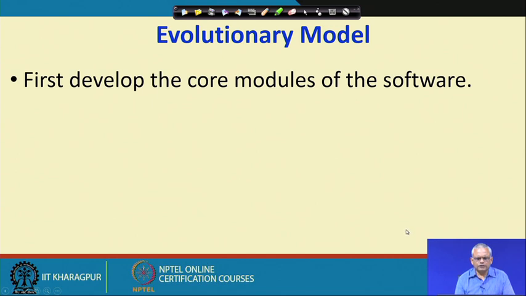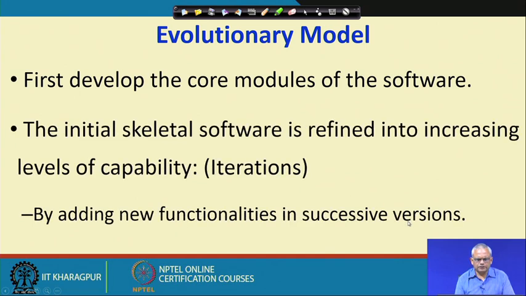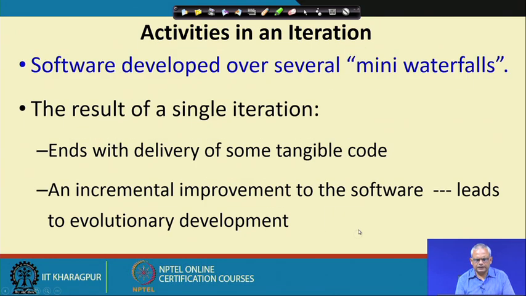Based on an overall understanding of the software, first the core modules of the software are developed, and these core modules are refined into increasing capability levels, which are called iterations. Each iteration adds new functionalities, and these are successively deployed at the client side.